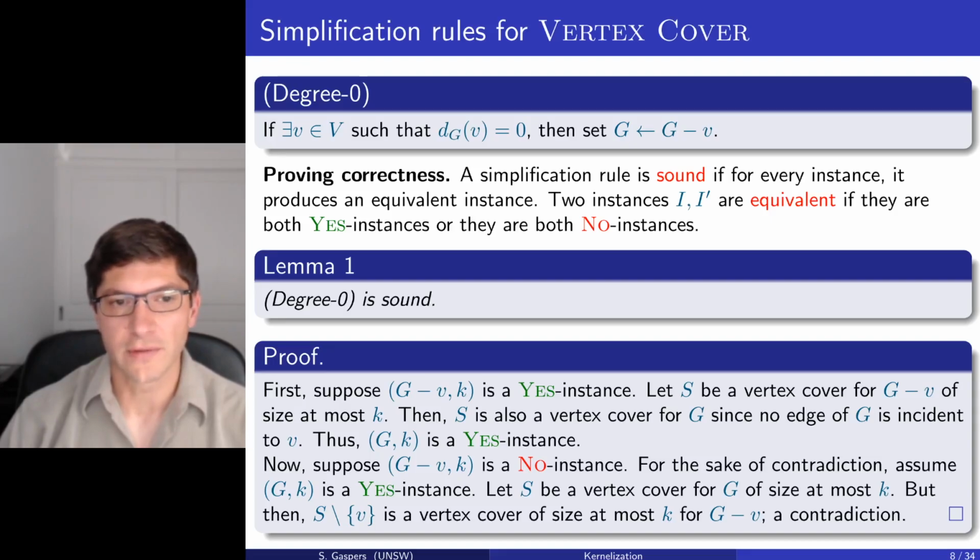And consider a vertex cover S for G of size at most K. But now S minus V is also a vertex cover of G minus V, and it has size at most K, and therefore we have a contradiction because we supposed that (G minus V, K) is a no instance. So this simple reasoning shows that the degree 0 rule is sound.